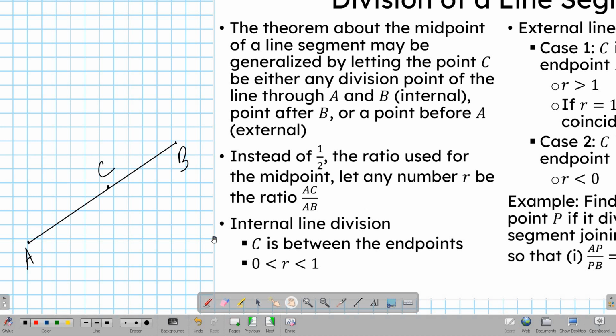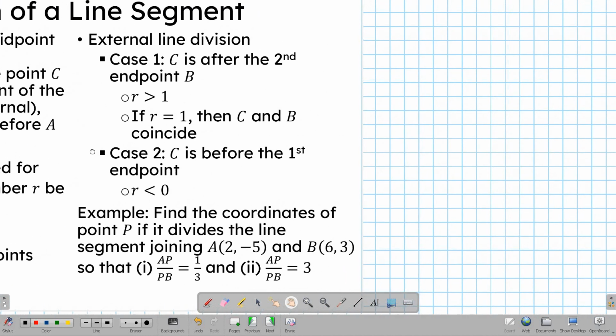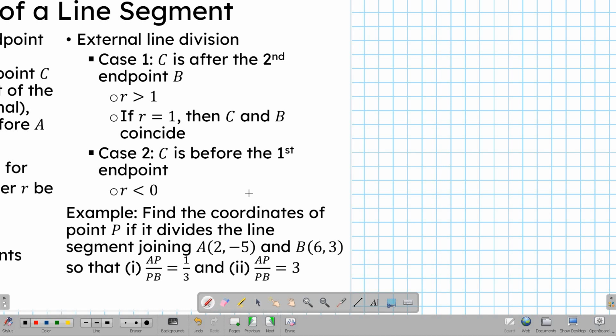Let's label this as internal line division. However, if we are going to do external line division, it's on the other side. External line division has two cases.